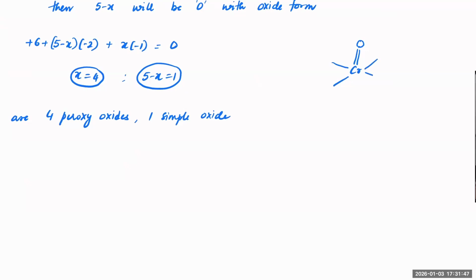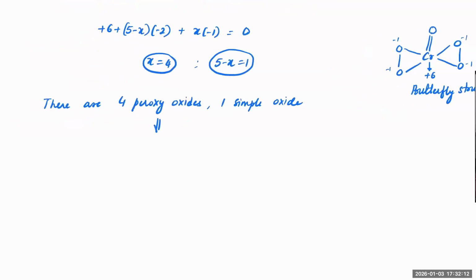The other 4 oxygens have to make linkages like this. That's how they become peroxide. This is like a butterfly structure with oxidation state plus 6 here. This is minus 1, minus 1, minus 1, minus 1. So 4 peroxide oxygens is always equivalent to 2 peroxy linkages.